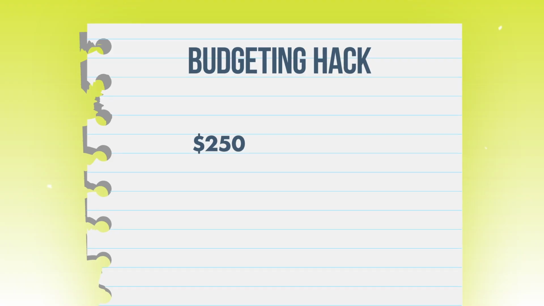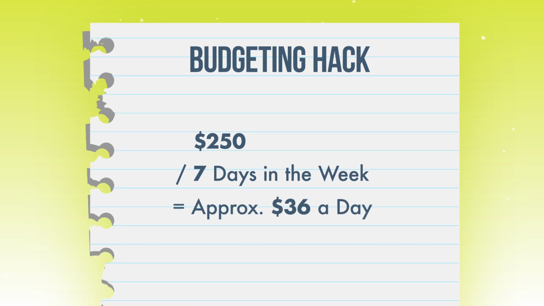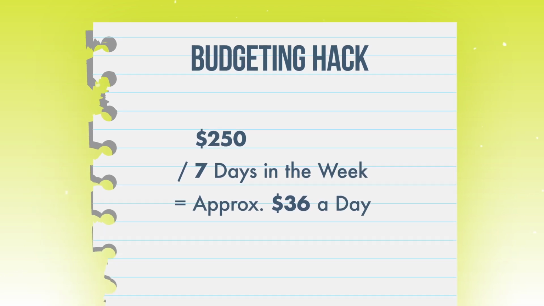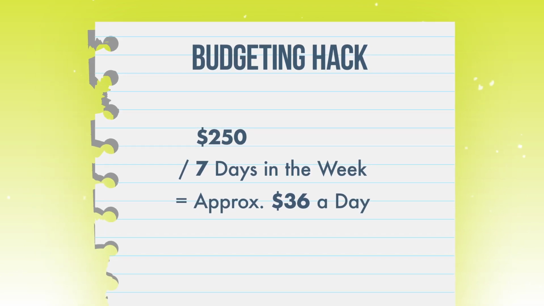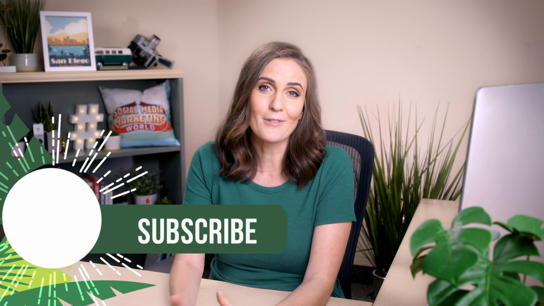Now you can start to reverse engineer what you should experiment with starting your ad set budget at. You can say, well, $250 divided by 7 days in the week is roughly $36 a day. So now you can experiment with setting that budget at $36 a day, let's say, and see if that algorithm really takes off for you and makes your ads even better.